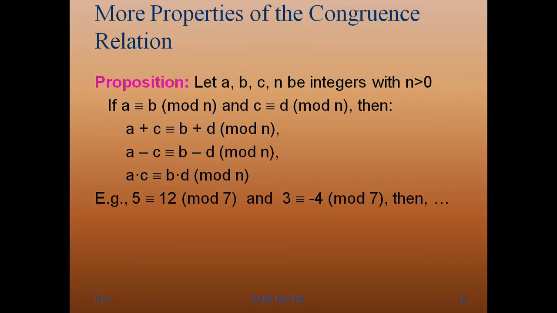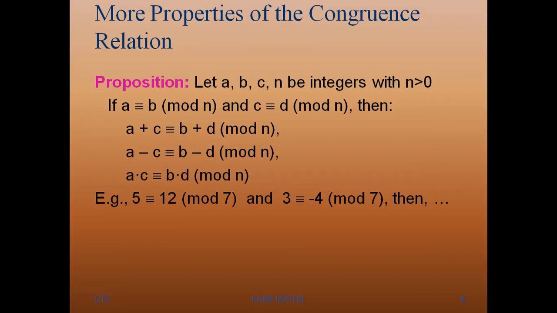We're going for subtraction here, A minus B. So 5 minus 3 equal to 2 is congruent to 12 minus of minus 4, 16, mod 7.